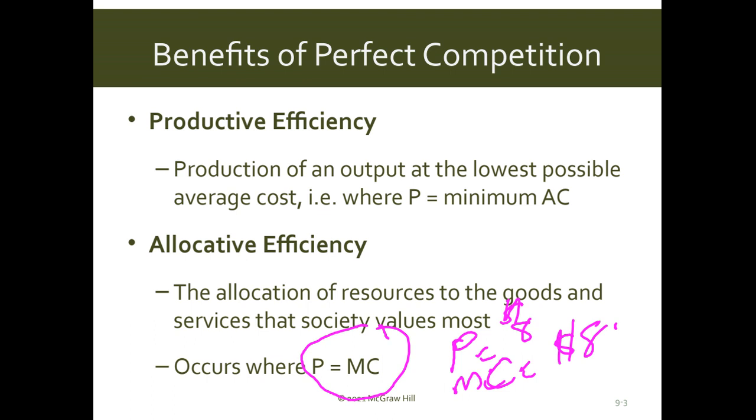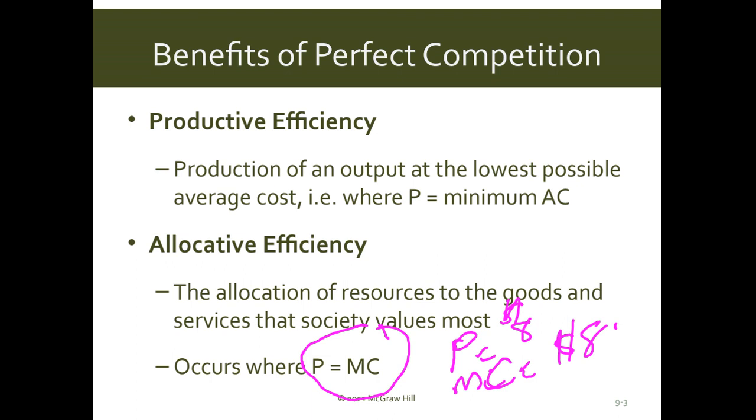For example, if the marginal cost of producing any product is $10 and the price is only $3, this is misallocation of resources. You are spending more producing the product at $10, whereas people value that product only $3 worth, right? So this is misallocation of resources, and this is what we call allocative inefficiency.